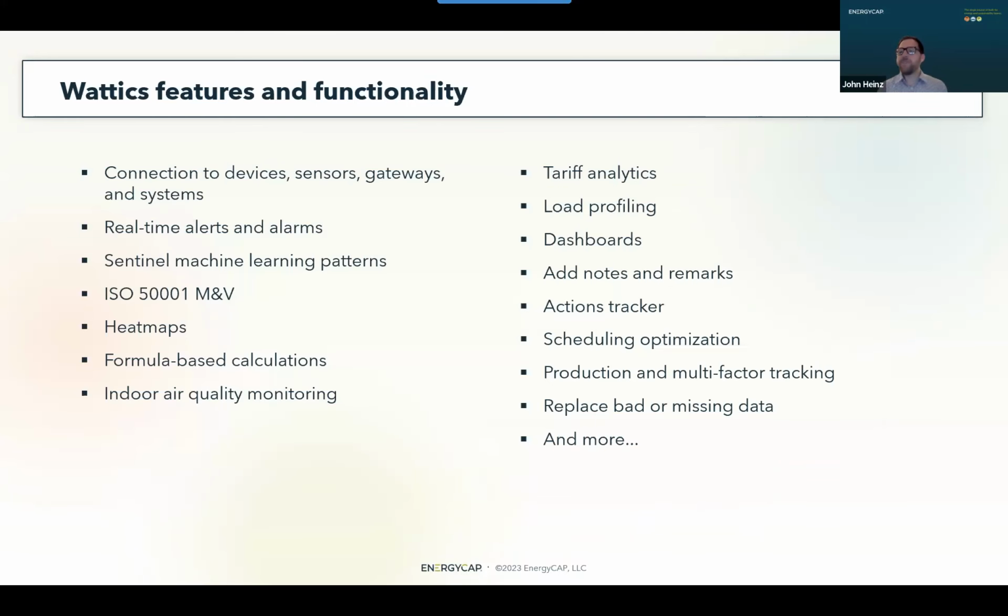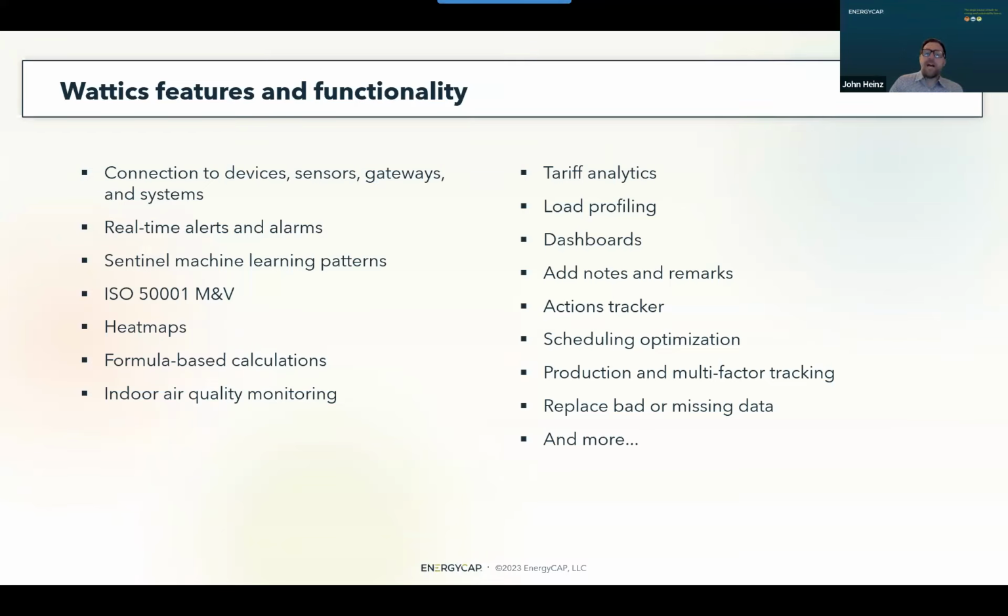There's a lot of great features within the Wattics application. So not only are we connecting to devices and have a whole library of ways to do that and devices we can connect to, once connected, there's real-time alerting and alarming. There's machine learning to understand patterns and alert you if your usage is falling outside certain expected patterns.